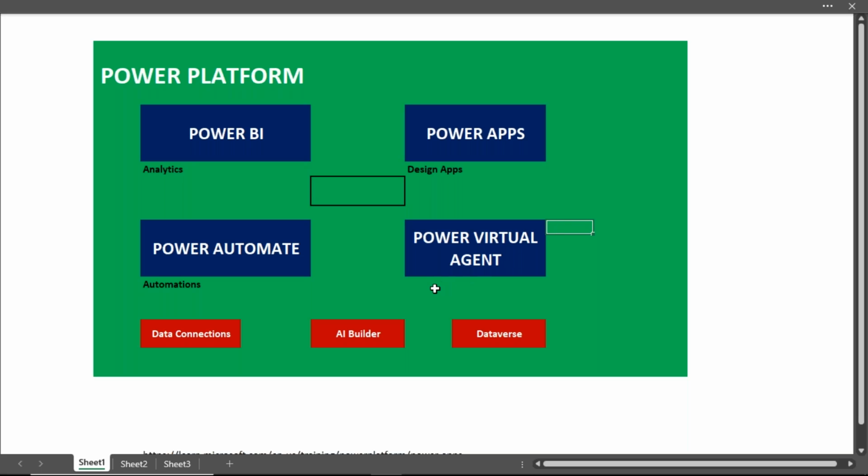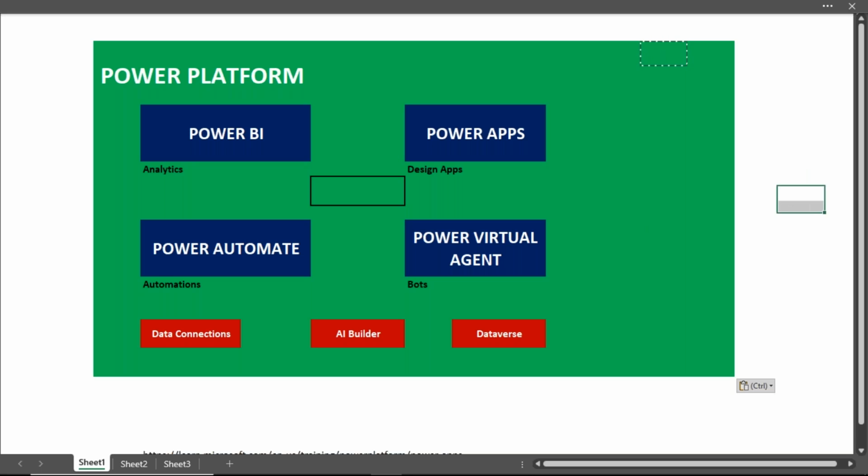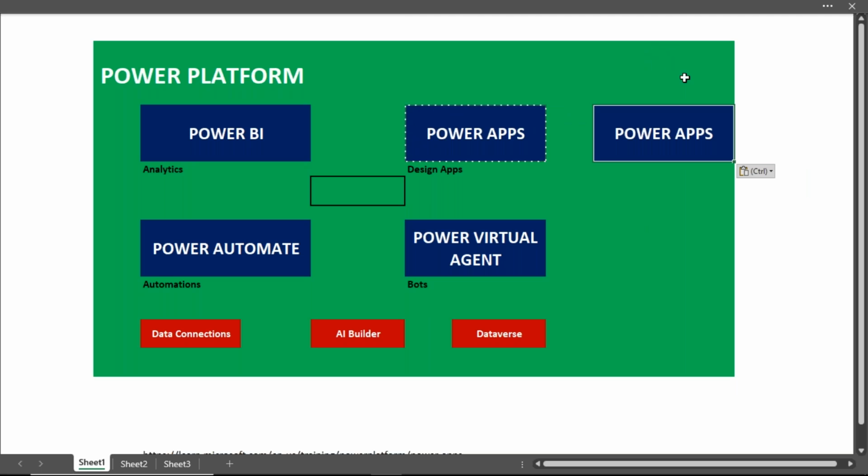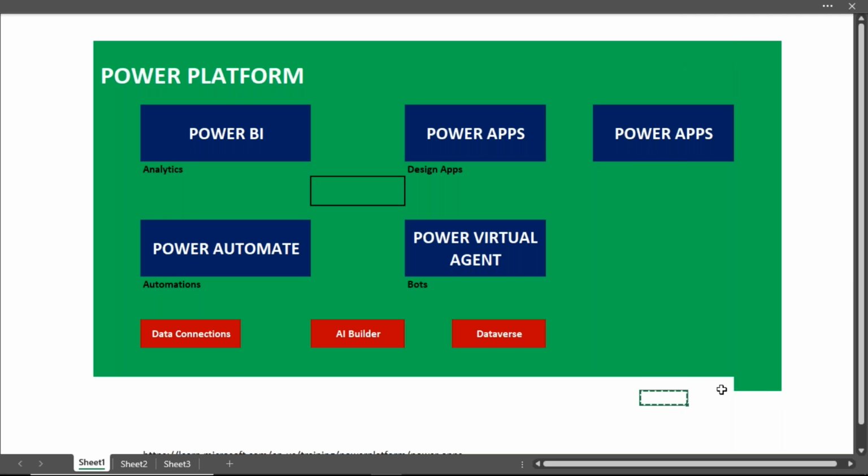Then we have something called Power Virtual Agent, bots, website and AI bots. Here comes Copilot. Then comes another one now. Very recently, Microsoft came with a few more items. Okay, here it is. Yes, on my screen now.